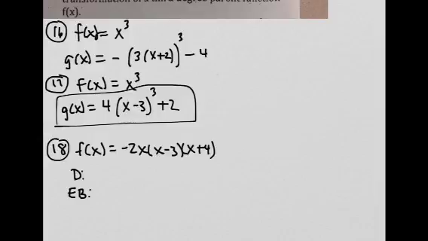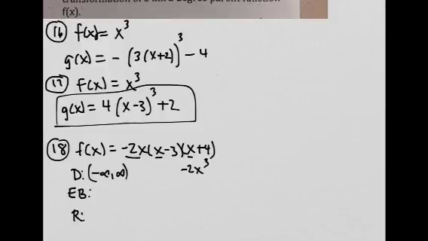Okay, so this one, domain is all reals. So remember, this is how you write all reals in interval notation. For the end behaviors, I'll do the range at the end. Okay, for the end behaviors, I look at all the x's with the a included, this one, this one, this one. So that gives me negative 2x cubed when I multiply all those 3 together.